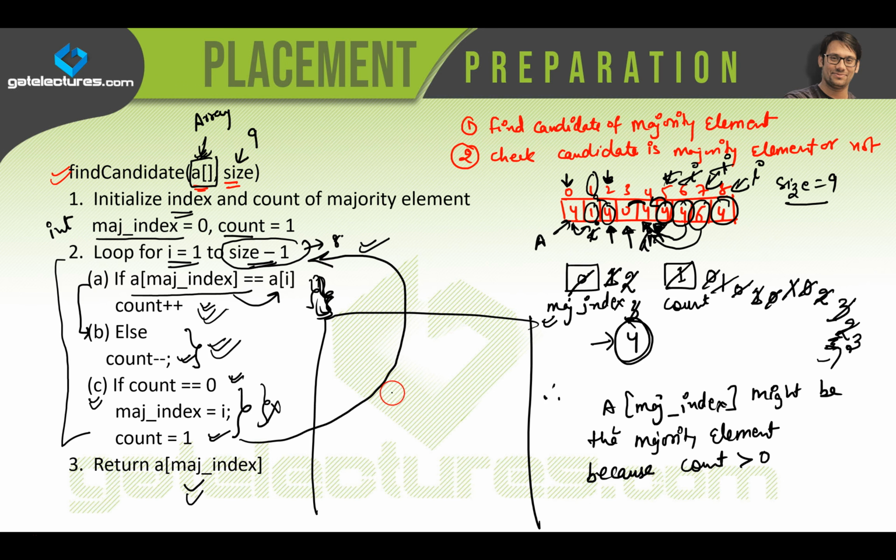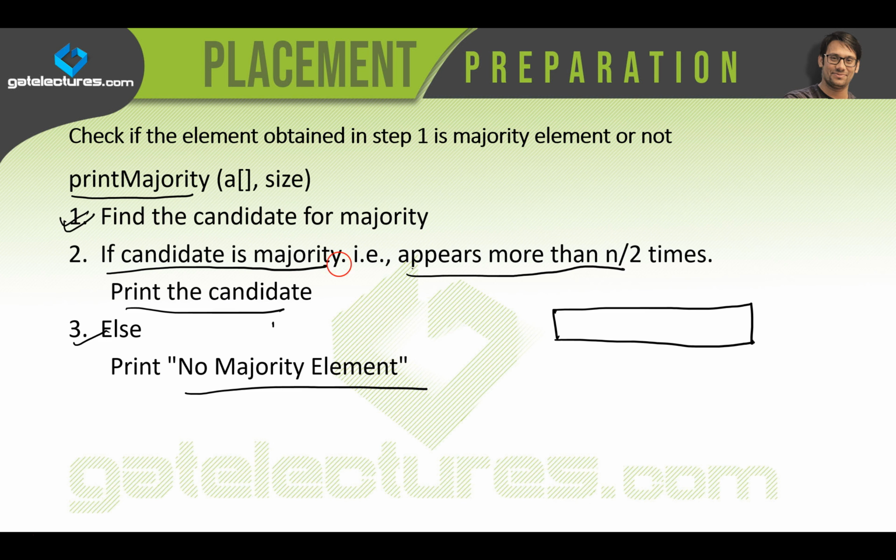We can just simply write a pseudocode which says print majority, or just check majority. So we can take this array as input, we can take the total size of the array, and thirdly we will take the index of the majority element.